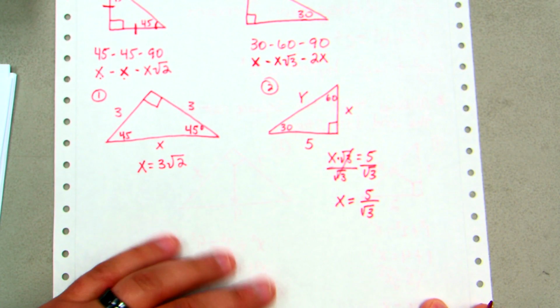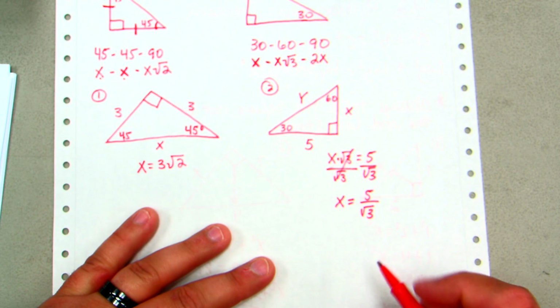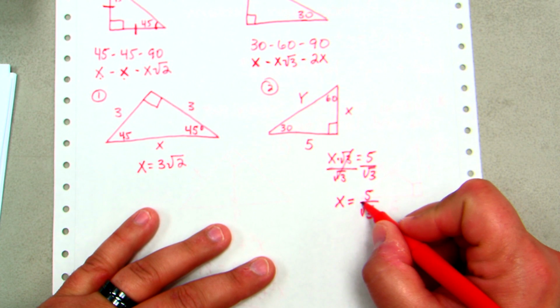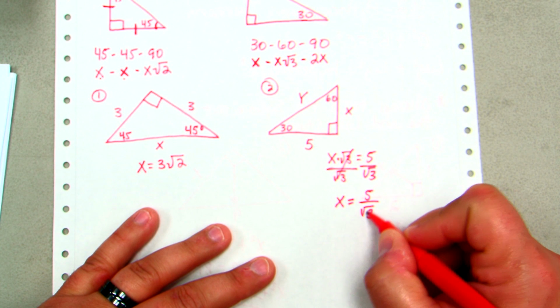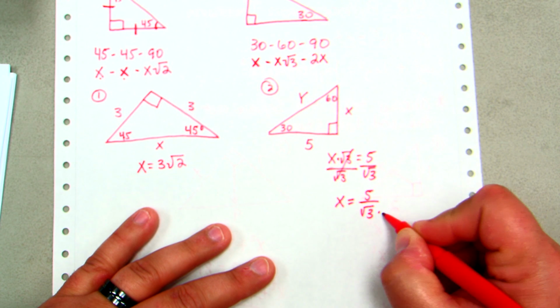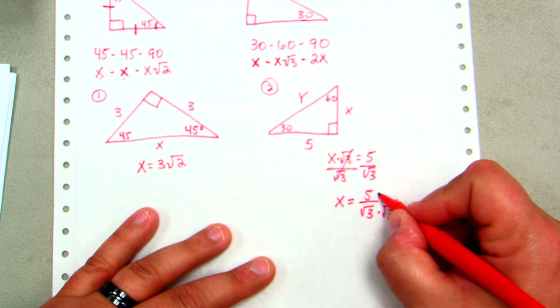But you know that's a no-no in math, that we can't have a radical in the denominator. So we have to rationalize the denominator, where we take the denominator, whatever it is, and multiply it times itself. So this would be the square root of 3 times the square root of 3. Whatever we do to the denominator, we have to do to the numerator.